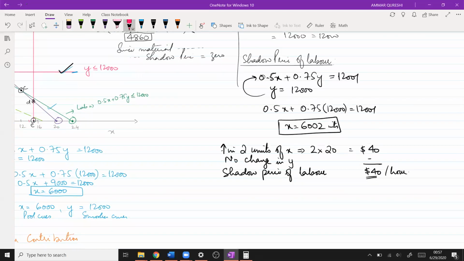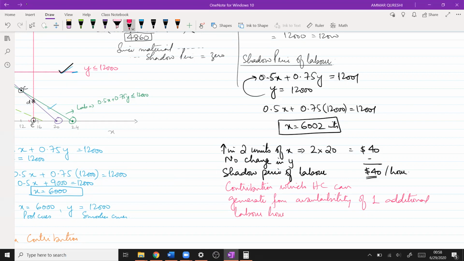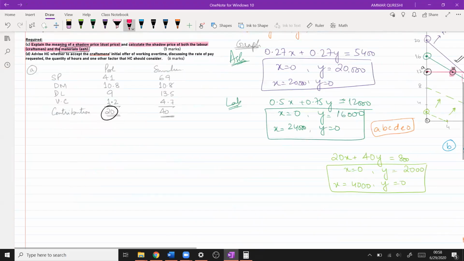This means this is the contribution which HC can generate from the availability of one additional labor hour, right? So this is what we mean by the shadow price. So we are done with this part.